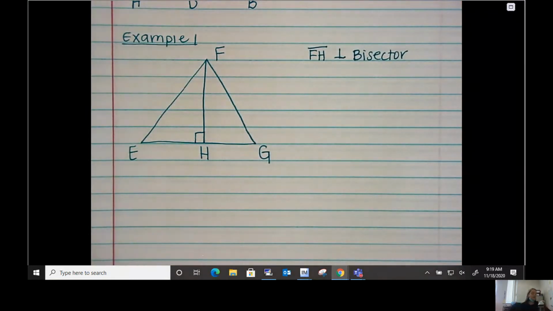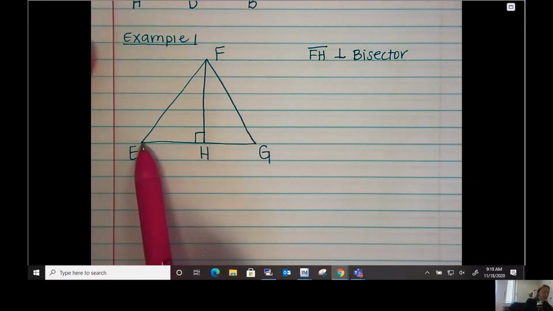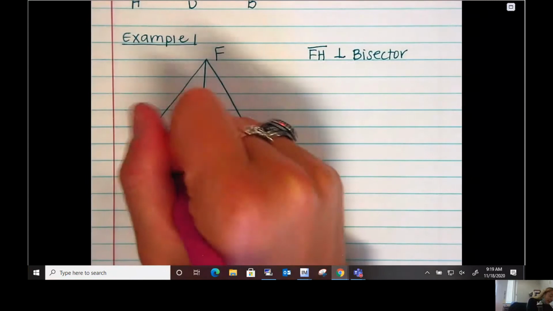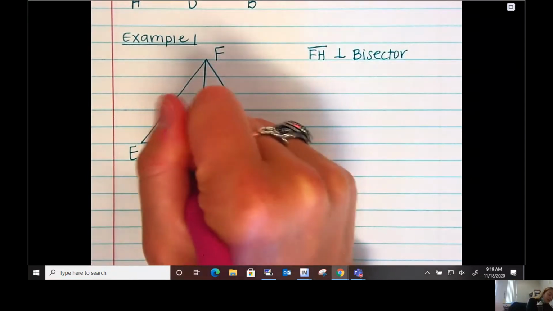All right. So I'm going to give you 2 pieces of this triangle, and we're going to solve for the unknown piece. So the first one I'm going to give you is this piece right here, EH. So this segment is 8x minus 37.